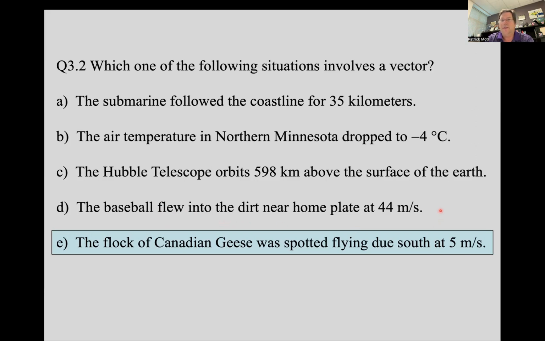So this is not a vector. It's a vague statement. The one that is a vector, we have a flock of Canadian geese. They are flying due south, so it's a specific direction, at 5 meters per second. I have a magnitude and I have a specific direction. So E is the case that is talking about a vector. I could write out a vector to be the velocity of those Canadian geese.